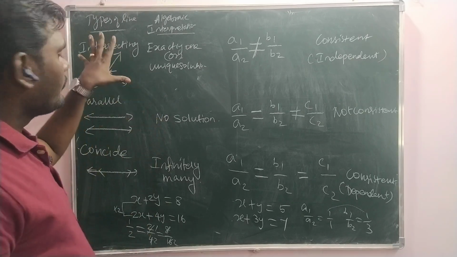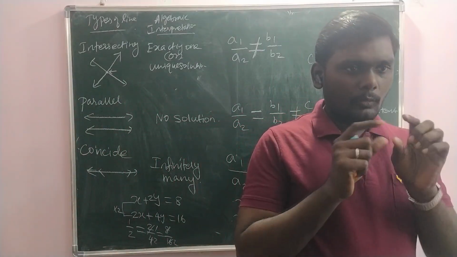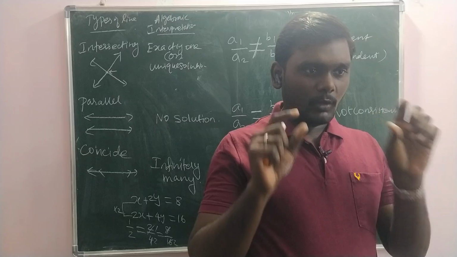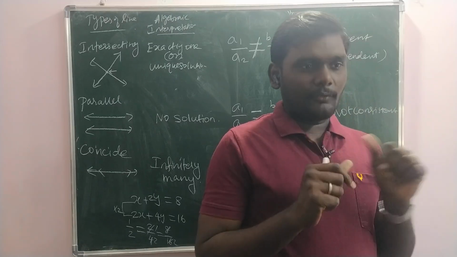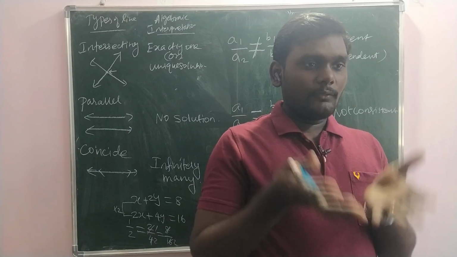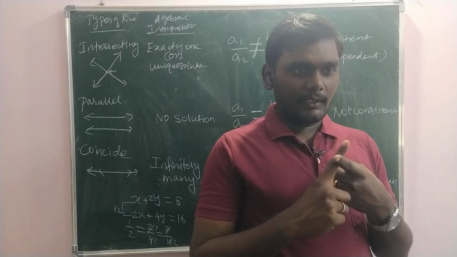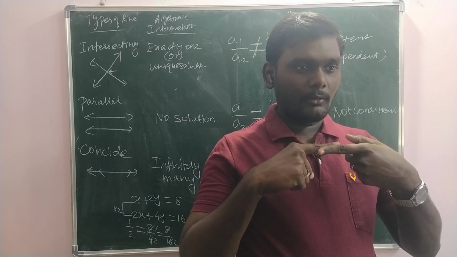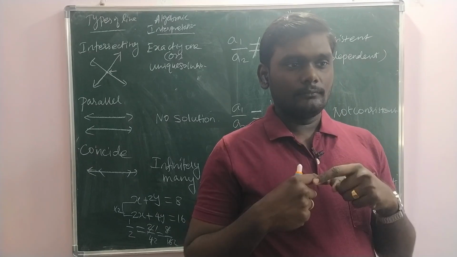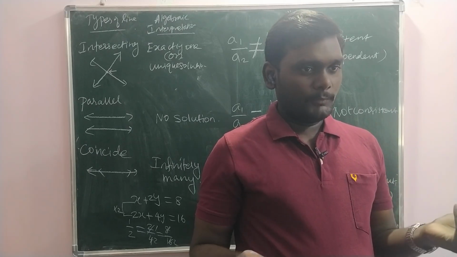Once again, see, we have seen that one linear equation represents one line. As a pair of linear equations occurs, we have two lines. So the case of two lines has three possibilities: it can intersect, or be parallel, or coincide with one another. When it will have what kind of lines, we don't know.